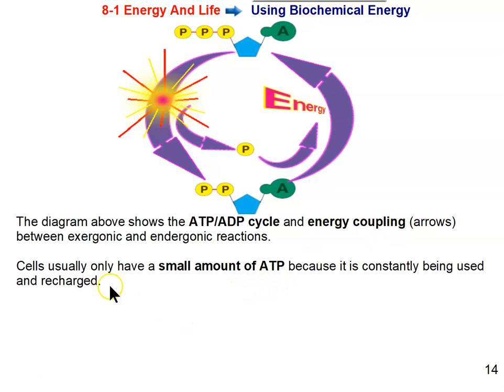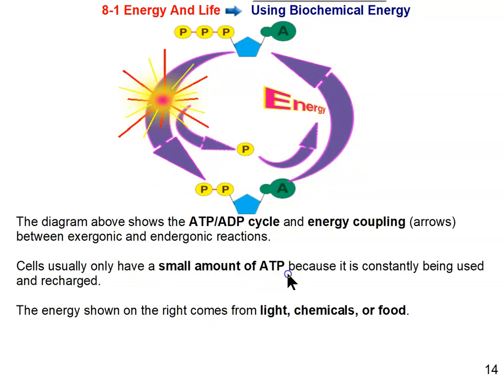So cells usually only have a small amount of ATP because it's constantly being used and charged. So it's constantly going through this cycle, ADP to ATP. The energy shown on the right comes from light, or chemicals, or food. So hopefully when you see these now, you think to yourself, light, photosynthesis, chemicals, chemosynthesis, food, aerobic cellular respiration, or fermentation, hopefully.